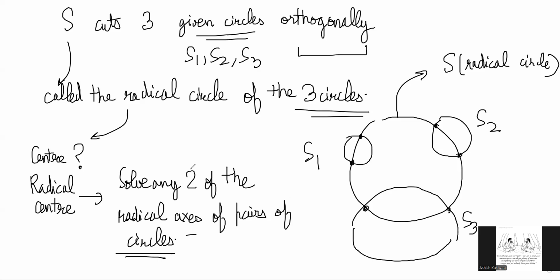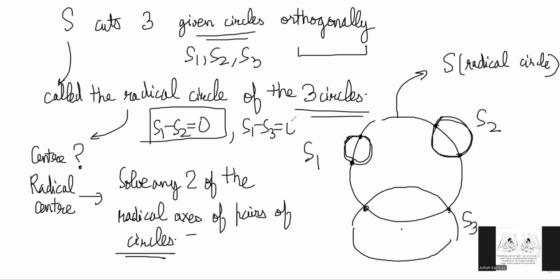And the equation of radical axis for any two circles will be S1 minus S2. This equation is the radical axis of the S1 and S2 circles. Similarly, the equation of radical axis of S1 and S3 would be S1 minus S3 is 0. And these radical axes are straight lines. Similarly, the third radical axis would be S2 minus S3 is equal to 0.